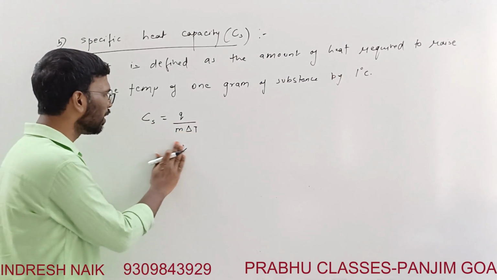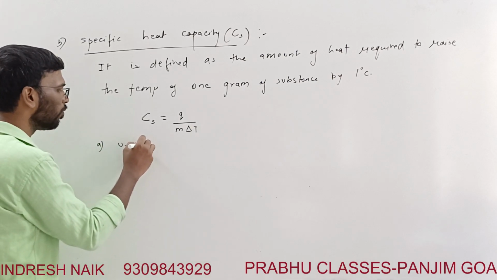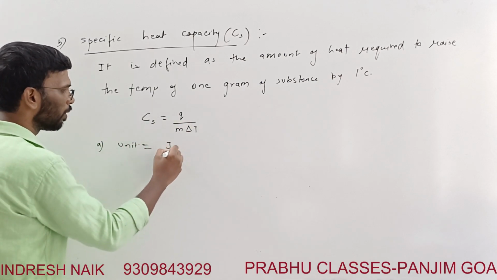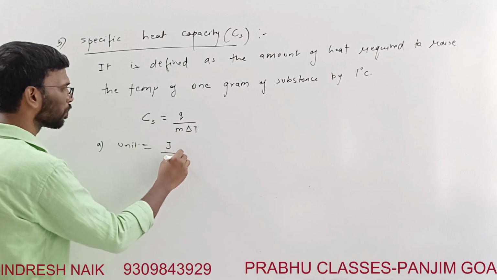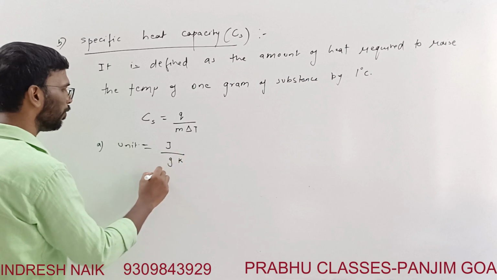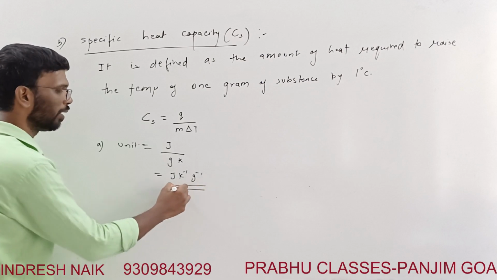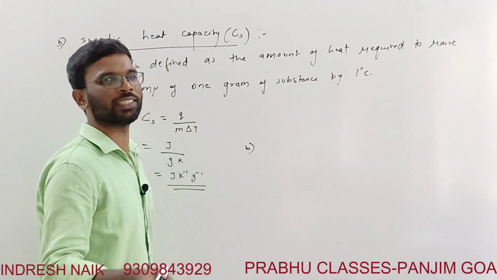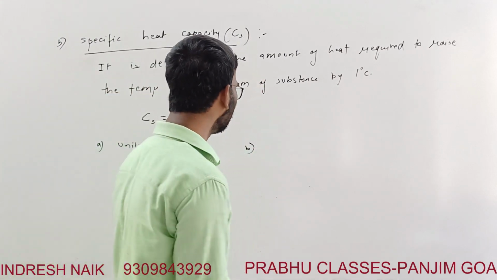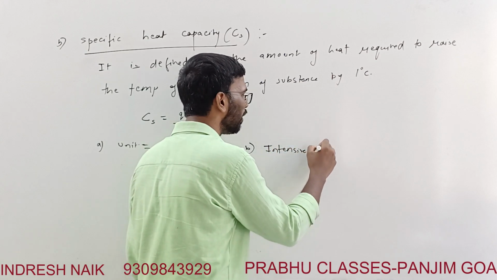Coming to the units, it will be joules, then gram and Kelvin. Joules per Kelvin per gram is the unit of this. Now if I ask you whether it is an extensive or an intensive property, the answer is that specific heat capacity is an intensive property.